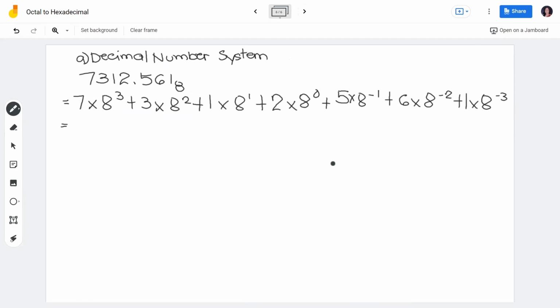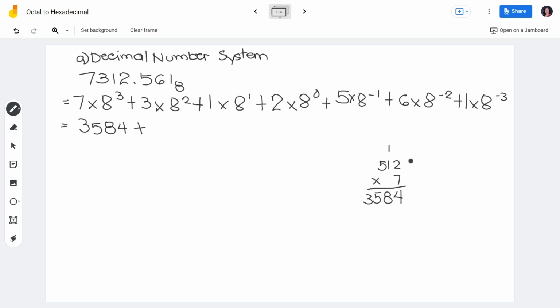So 512 times 7: 2 times 7 is 14, 7 times 1 plus 1 is 8, 7 times 5 is 35. So we have 3584.